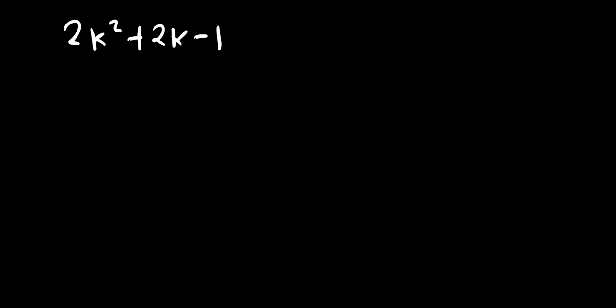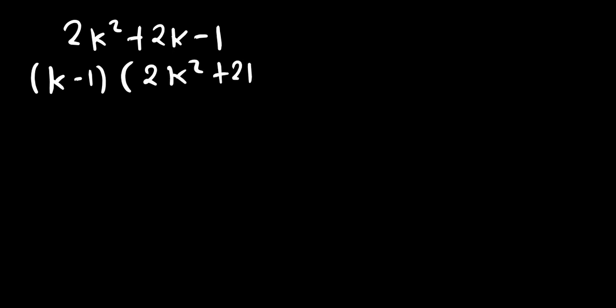Now how are we going to find the factors? We've said one of the factors is k minus 1. Then we also have this 2k squared plus 2k minus 1, which is another factor.